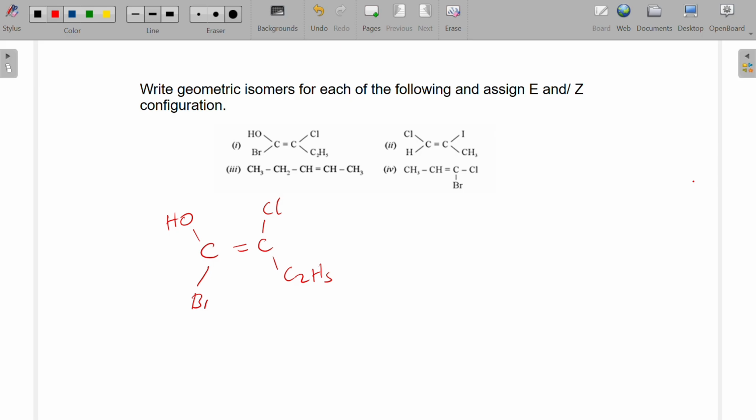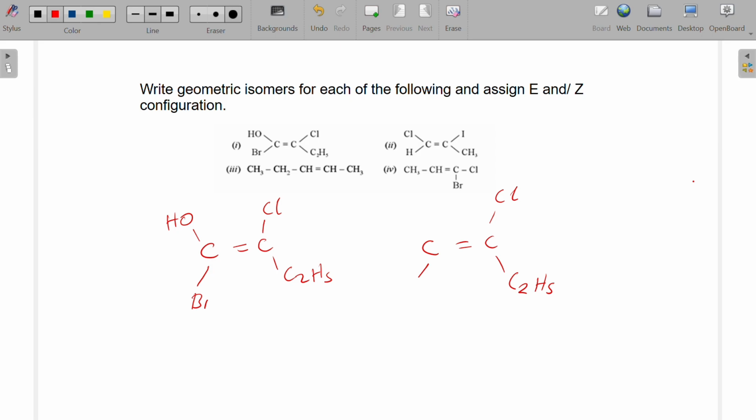To find its isomer, all we have to do is just switch one side, and then that will be the other compound that we can form from this. So I'll switch the right side, and I'll say this is going to be in this format now. I'm leaving the right side the same way it is, and I'm just switching the left side.